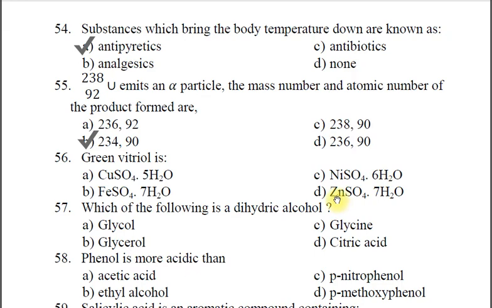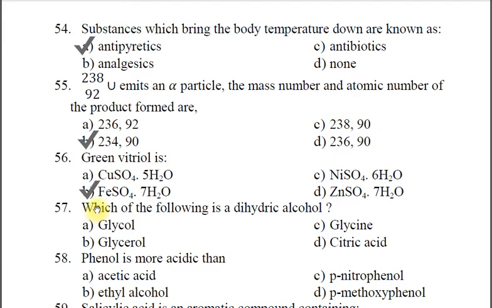D, ZnSO4 heptahydrate. The correct option is B, which is the ferrous sulfate heptahydrate. It is used as a source of iron for industrial purposes. It is also used to treat anemia, the iron deficiency, especially in the case of pregnant females.